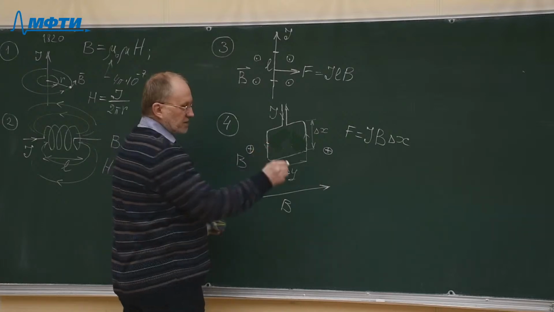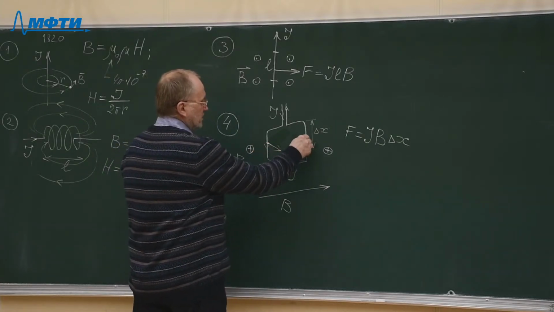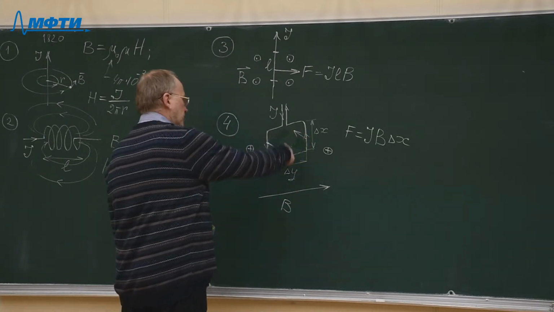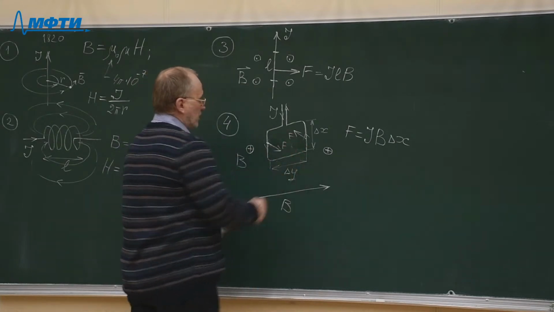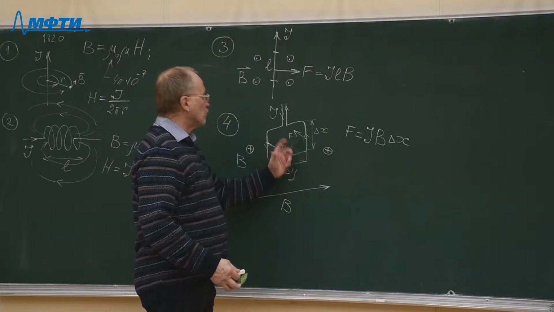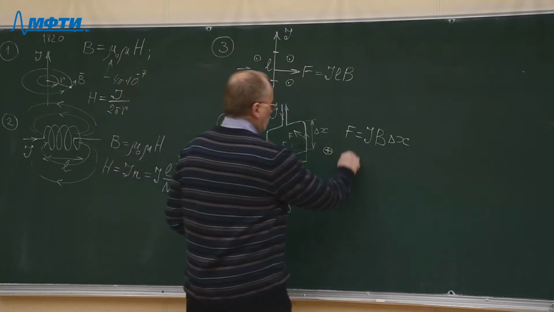The force will be directed towards the audience, and the force acting on the opposite part of the current will be directed in the opposite side, into the blackboard. So these two forces in this particular case will form a torque acting on the loop, and this torque will tend to rotate the loop.